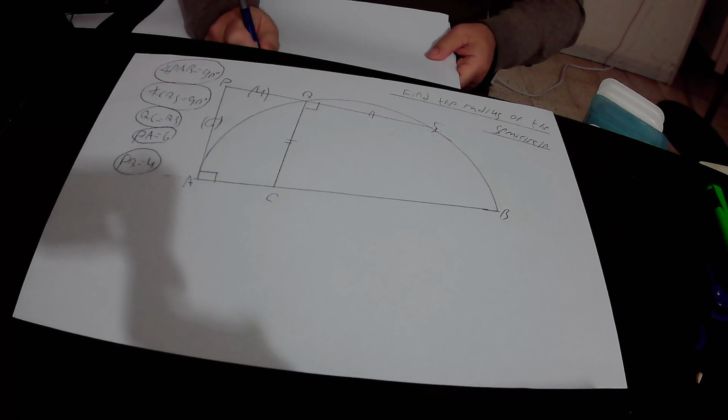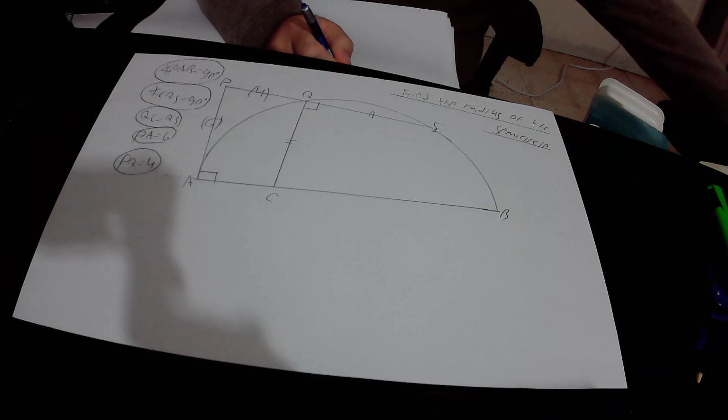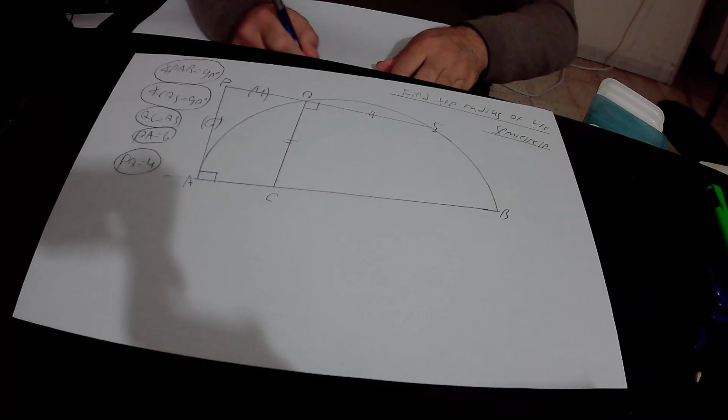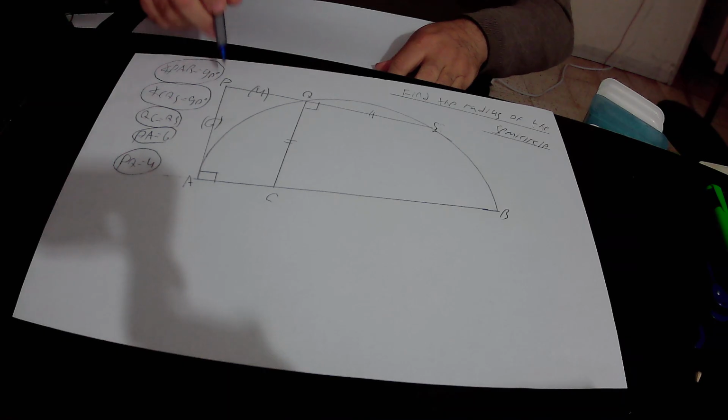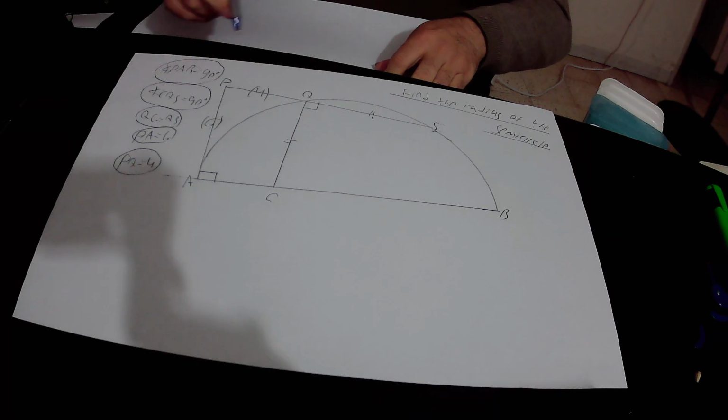So according to rule number 10, PA squared equals PQ times PS.